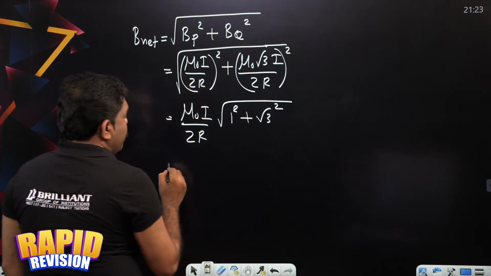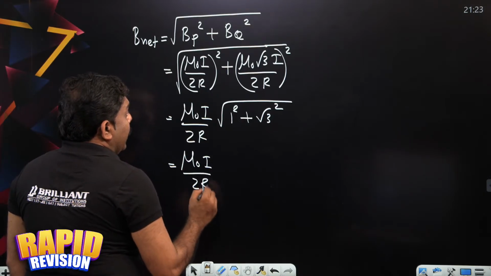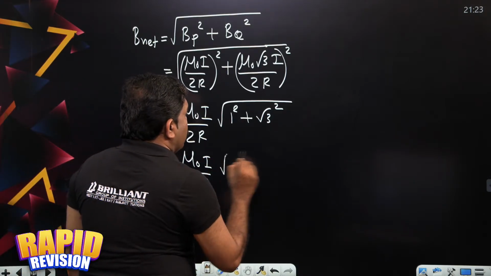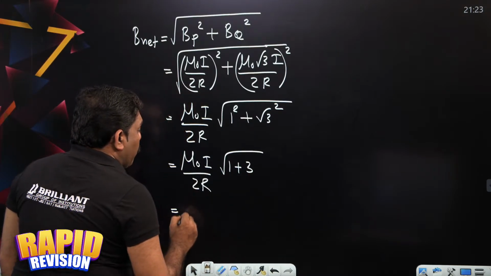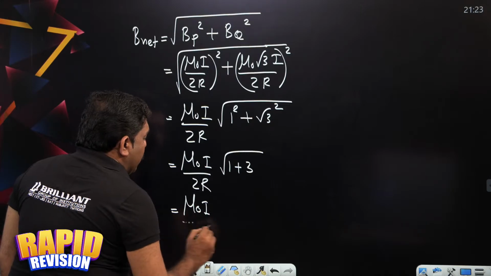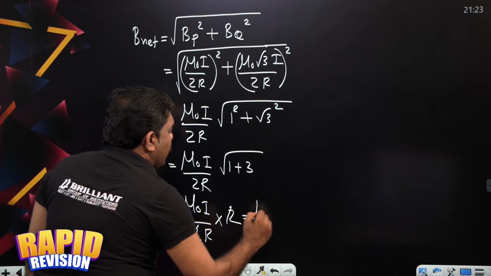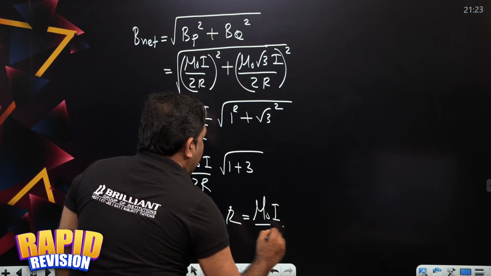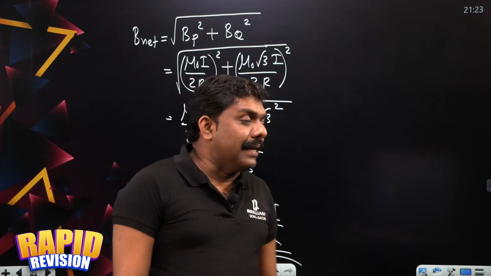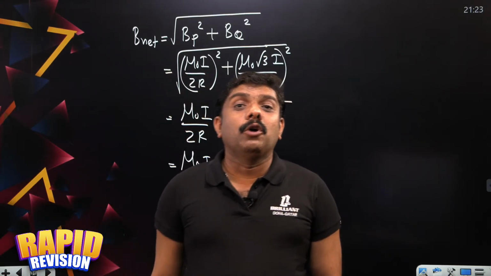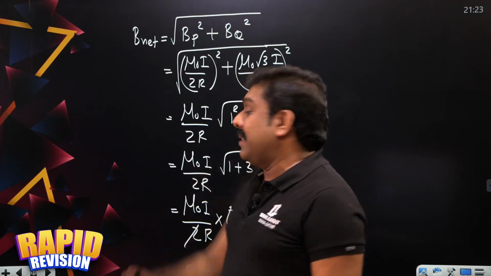So that is mu naught I by 2R, then root of 1 plus 3, so root 4, which is 2. So mu naught I by 2R into 2, the 2 and 2 cancel. We get mu naught I by R. That is the net magnetic field at the center.